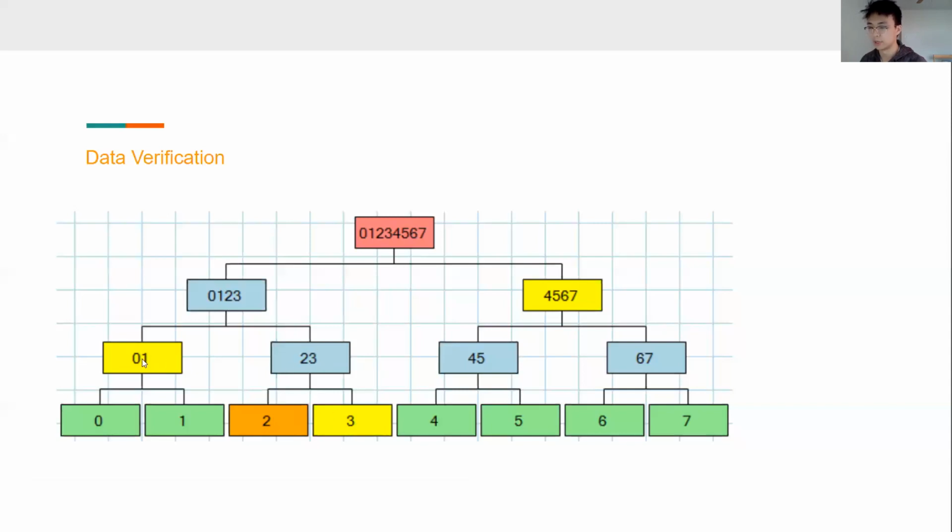Also, with the hash value of 0, 1 and the hash value of 2, 3, you are able to calculate the hash value of 0, 1, 2, 3. And with the hash value of 4, 5, 6, 7 and the hash value of 0, 1, 2, 3, you can finally figure out the root hash value of this Merkle tree.